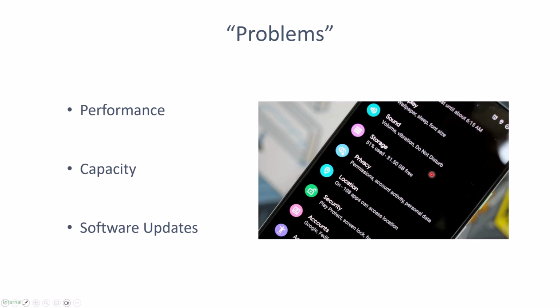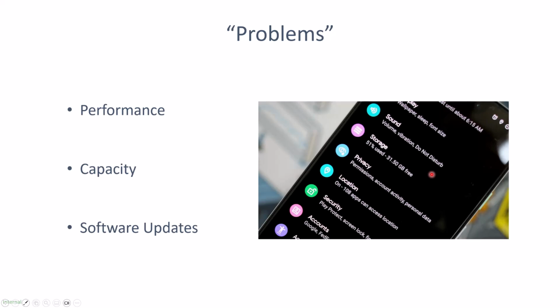And then there are things like software updates. A phone, or rather a server, is only going to be supported for a certain period of time, meaning the company is only going to be bringing out software updates for that server for a certain period of time, because the technology has moved on and they're always working on developments and updates for the latest device.